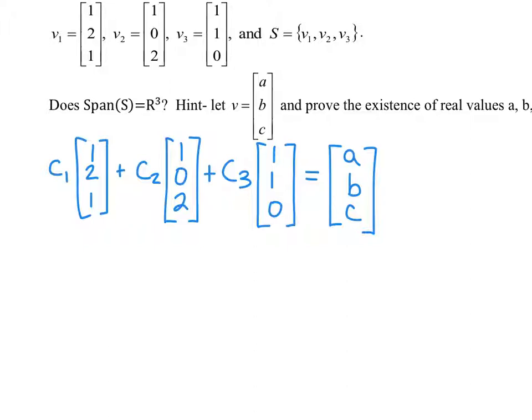We need to prove the existence of a solution. All right. So we go right on down to our augmented matrix.